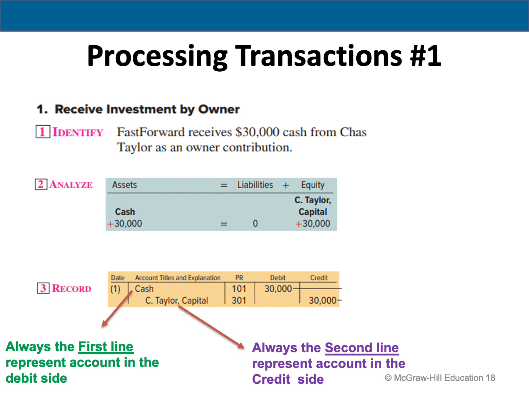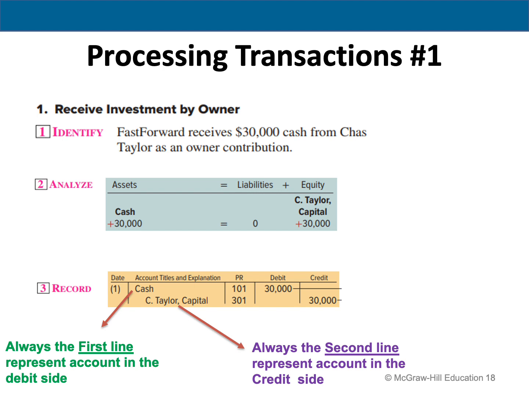So we said cash on the debit because the cash is increasing and the normal balance is debit, and capital on the credit side, on the second line, because it's increasing on the credit side. So the third step is to record the journal entry. Remember, the journal entry includes two lines. The first line, debit. The second line, credit.